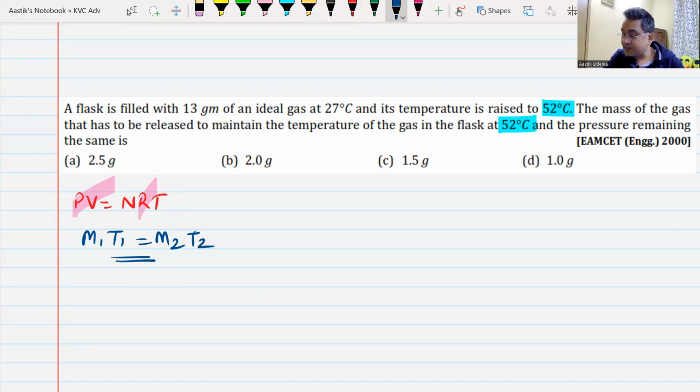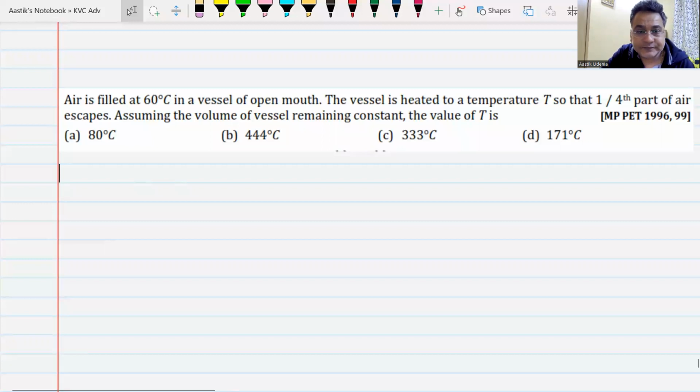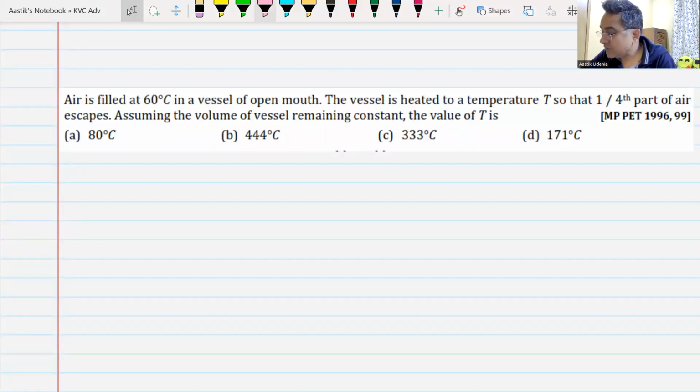Any of these questions can appear in your exam, whether in physics or chemistry. So do them fast. Next one. Read the question, solve it, and give me the answer. Remember what points you have to remember. The vessel has an open mouth, open to the atmosphere. Pressure is constant.